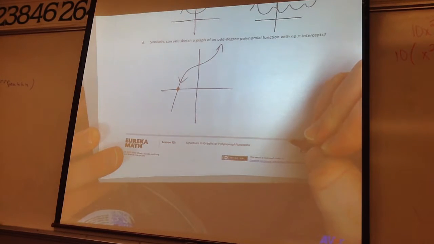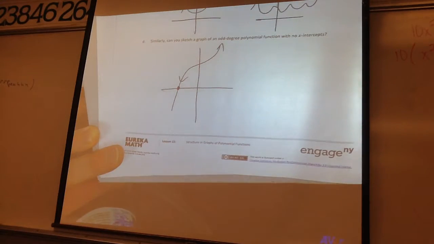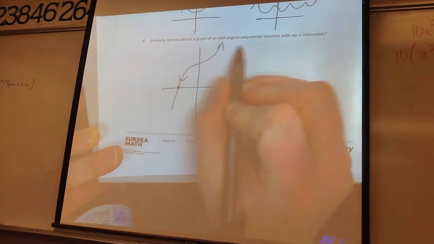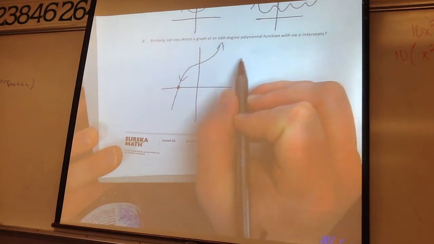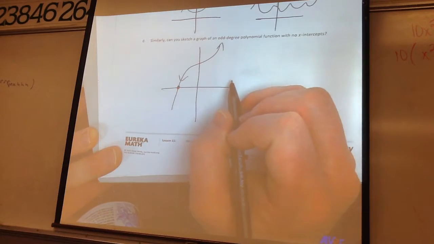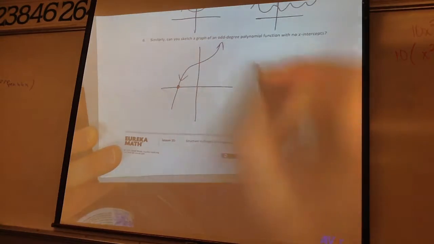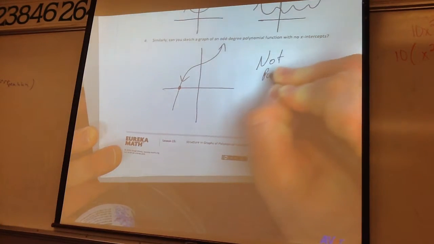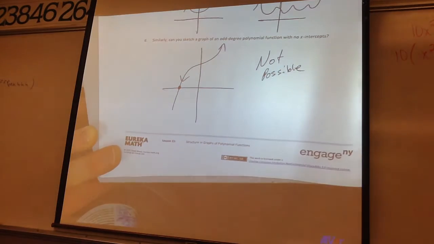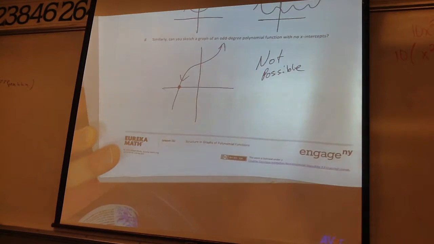You could make a strong argument that if you restricted the domain of your polynomial function, then it's possible. But you don't even know what that means yet, so not possible. When you put the arrows, it means the line is extended. If you don't, it's just a segment.